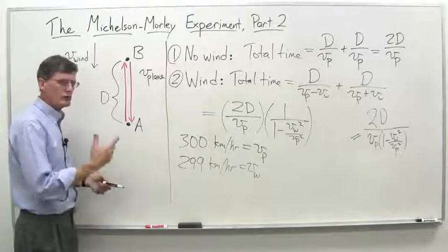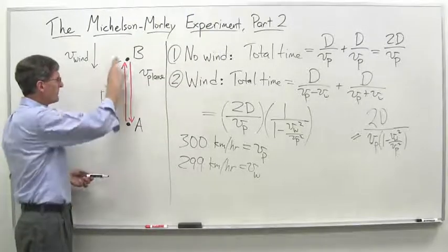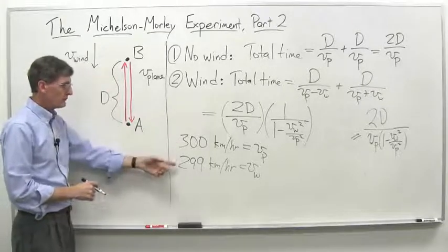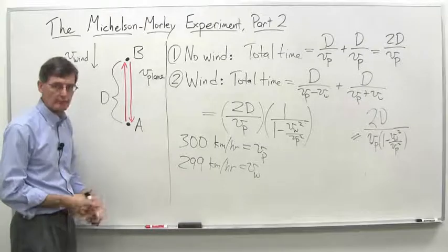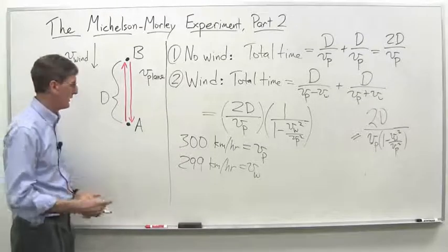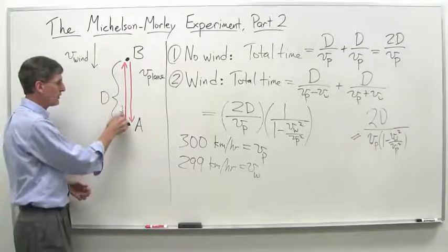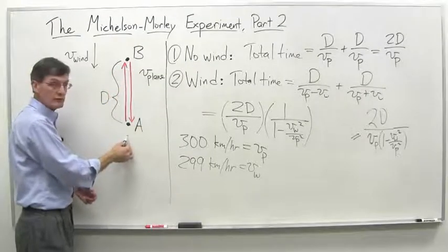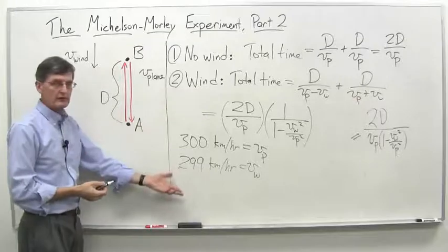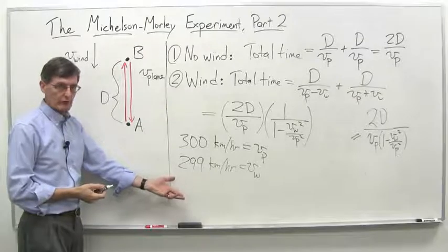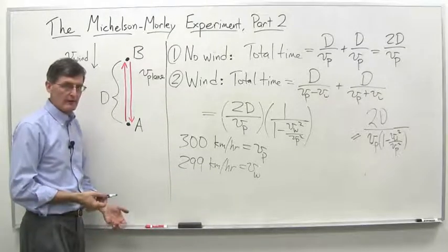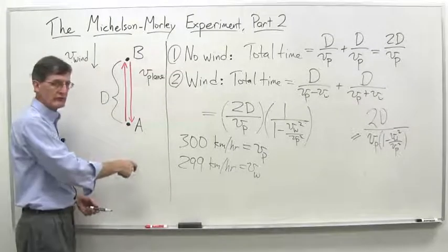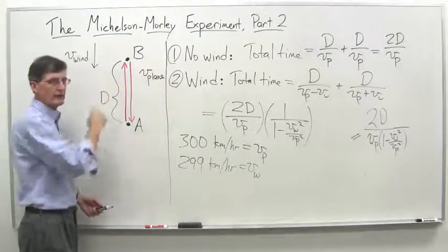Okay, just intuitively. So going up, the effective net velocity of the plane would be 300 minus 299. It'd be 1 kilometer per hour, if it really could fly like that. So it'd be a very slow trip going up. And then on the way back down, the velocity would be 599 kilometers per hour, so about twice as fast. But you can see, oh, it's going twice as fast going down, but it's not just going half as fast going up.